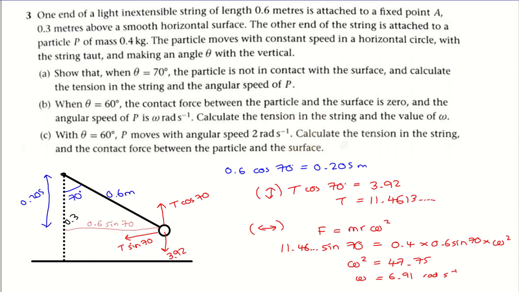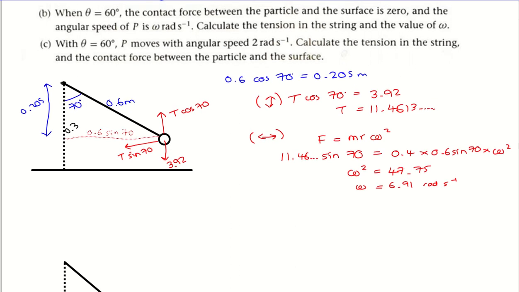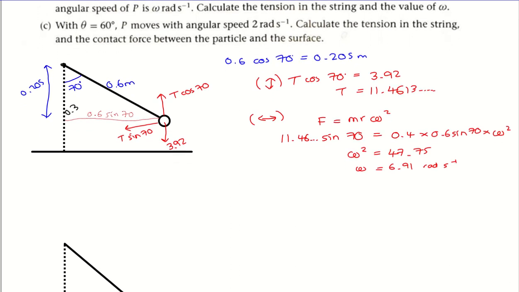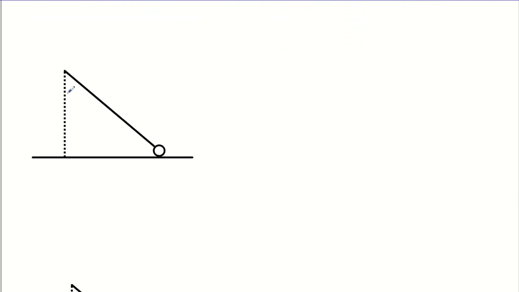Okay, right, it gets a little bit trickier then. So in the second part of the question, the angle is 60 degrees, and it says the contact force between the particle and the surface is 0. So this time, because we're at 60 degrees, 0.6 cos 60 is 0.3, so it is on the surface, but it would be in that exact position if the surface was there or not, because even if I removed that, 0.6 cos 60 is 0.3 whether the surface is there or not.